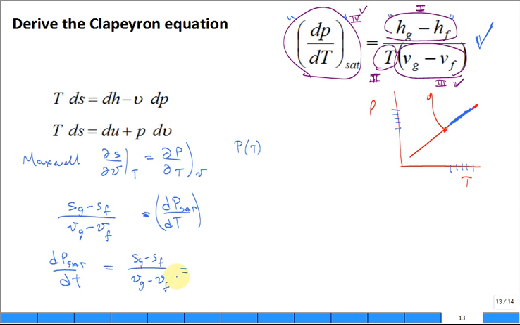Well, we already saw from this relationship that dS is equal to dH over T. So we can replace the change in S by H_G minus H_F divided by T, and you have V_G minus V_F.